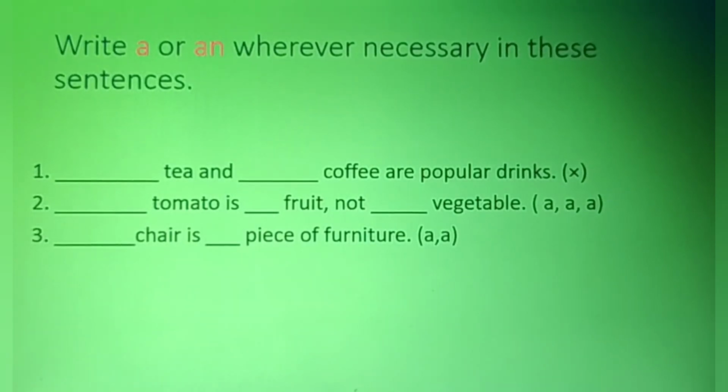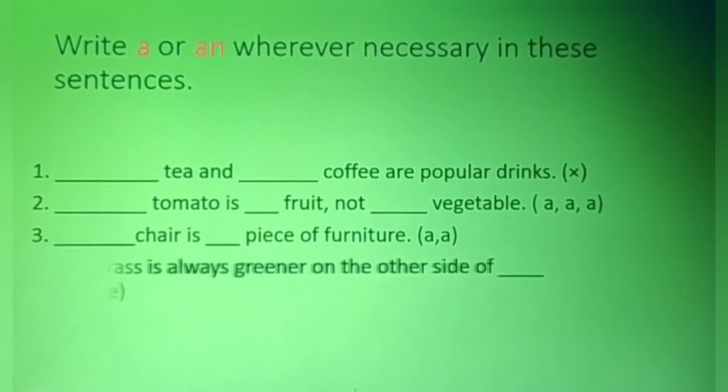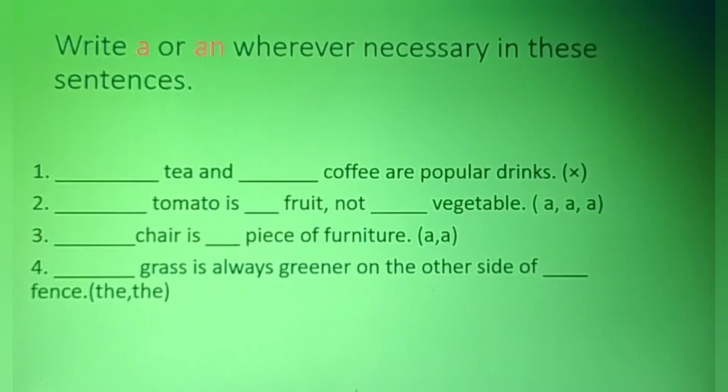So we have furniture, which is an uncountable noun, but we are putting the words piece of before the word furniture, right? So a chair is a piece of furniture. Dash grass is always greener on the other side of dash fence. So here we use the grass is always greener on the other side of the fence.